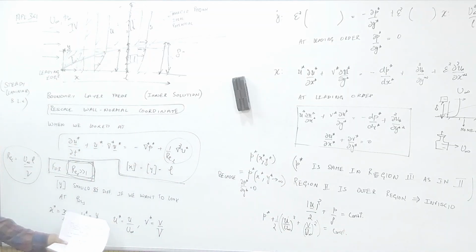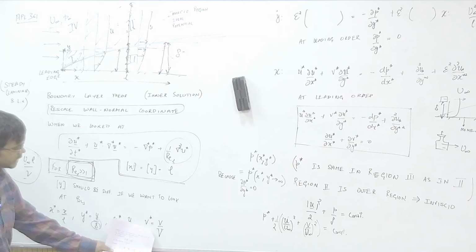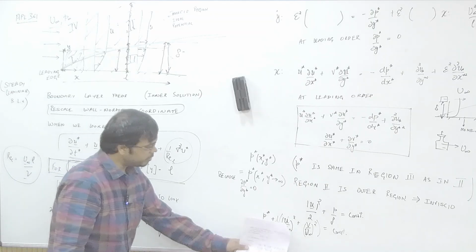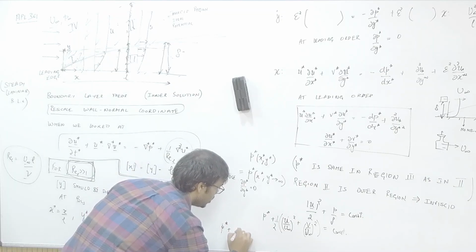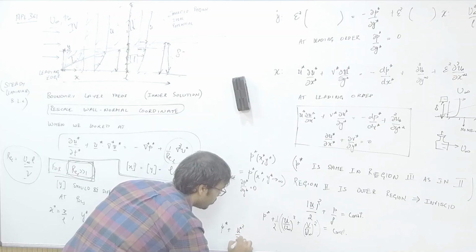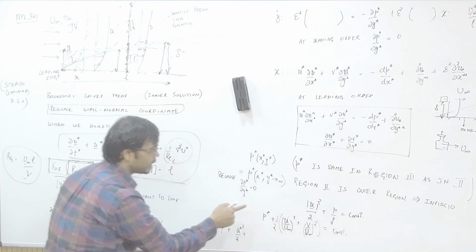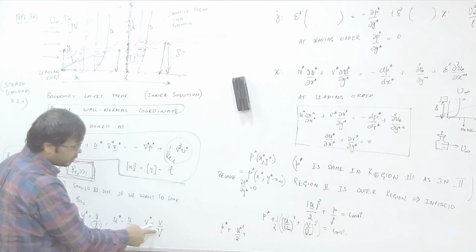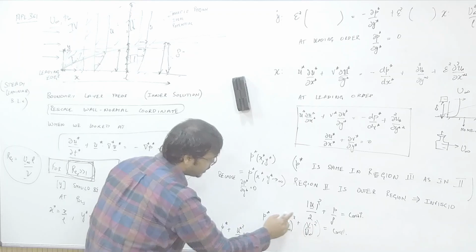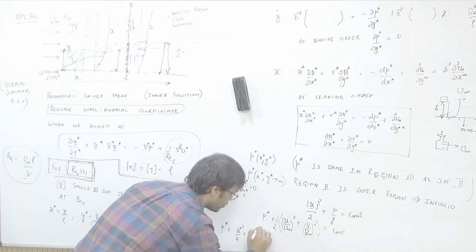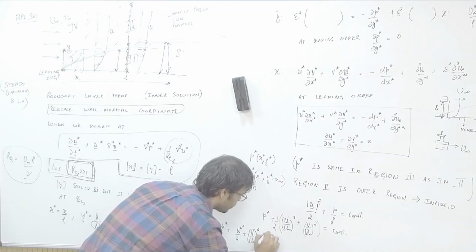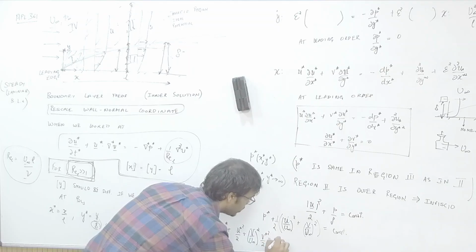And our non-dimensionalization for y direction velocity has been this. So we will get p star plus u star squared by 2 plus, again, capital V over u infinity squared times v star squared, is constant.